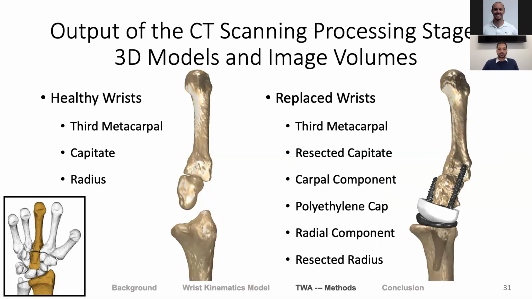These segmented regions are then transformed into 3D models, and the bone density image volumes are also exported because we need them for further processing in biplane video radiography. At the end of this stage, for the healthy wrist, we have third metacarpal, radius, and capitate surface models. And for the TWA cohort, we get the bones and the implants. We also use a 3D scanner to modify the model of the radial component and get the model of the polyethylene cap.